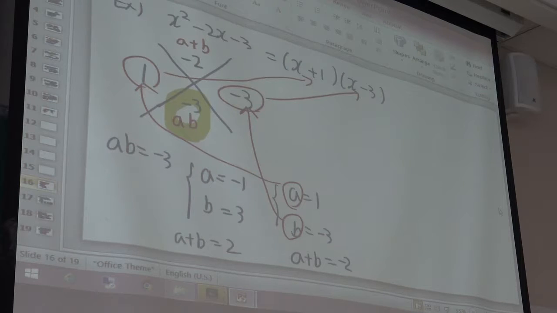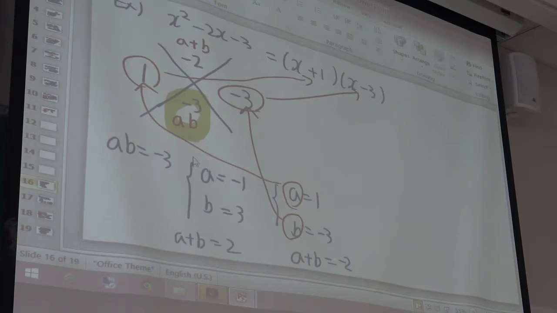So for x squared minus 2x minus 3, we make a cross. The bottom is the product, the constant negative 3, and the upper part is the coefficient of x, which is negative 2. Now we have to find two numbers where the product is negative 3 and the sum is negative 2.